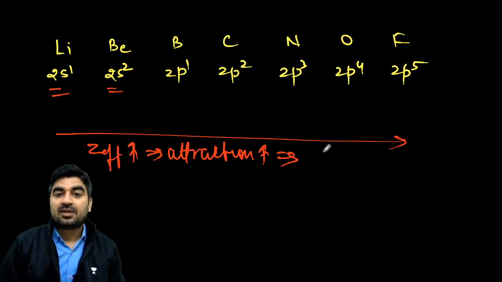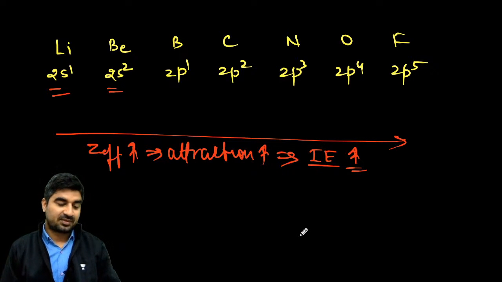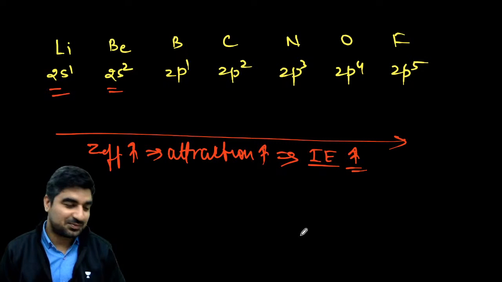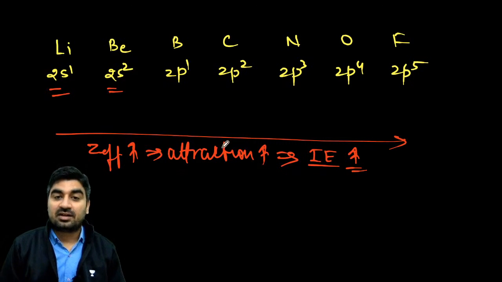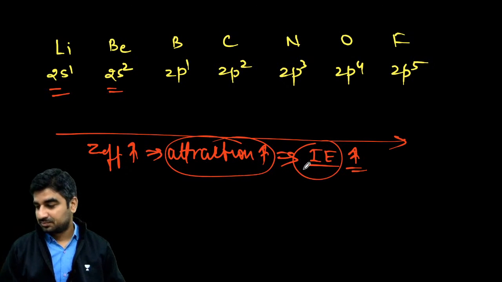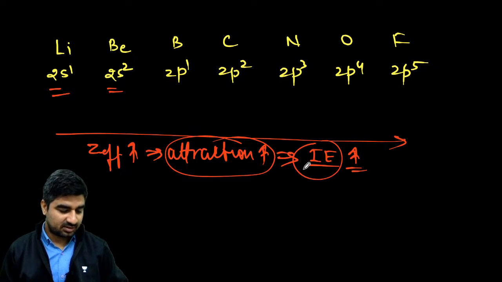It will be difficult to remove an electron, so ionization energy will increase. Got it? So when we are moving left to right, attraction is increasing, so in general ionization energy should also increase, right? Now let's go into the micro details.